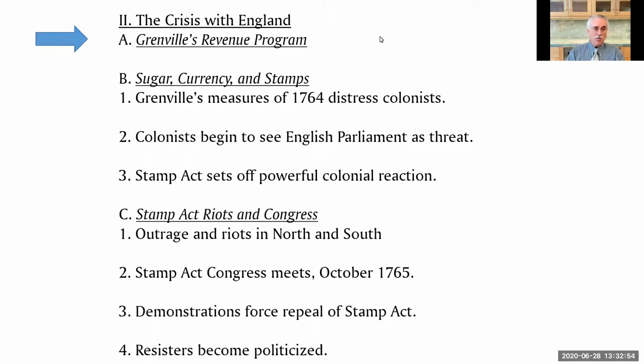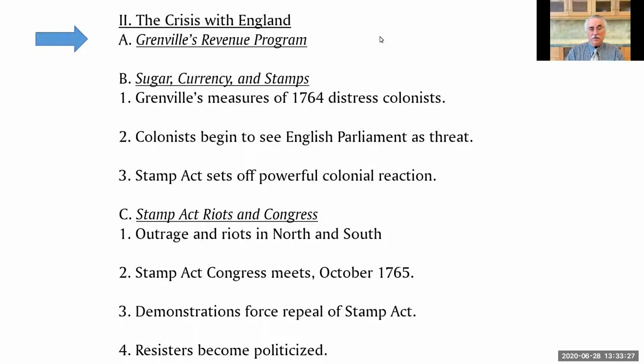Grenville's revenue program, which consisted of a number of different measures and taxes, was designed to force the American colonists to pay a greater share of running the empire, and in particular to pay a greater share of the costs of colonial defense: putting troops, keeping troops, army bases, and so on, in such great numbers that they could not be driven out by Indian fighters.